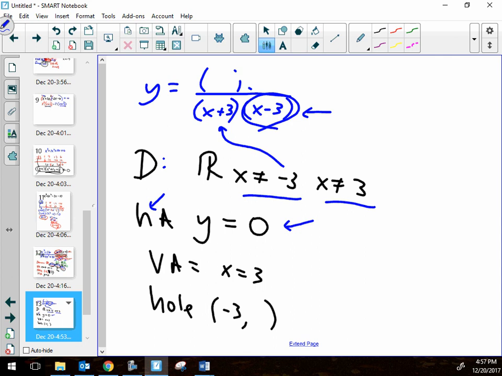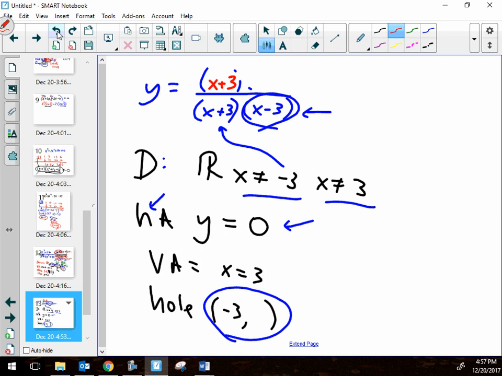But to get a hole at x equals negative 3, can you think of what I need to do in that top parenthesis? Anyone? Yeah, put in x plus 3 up there, and that'll make this into a hole that would cancel out. All right, so there is your original function.